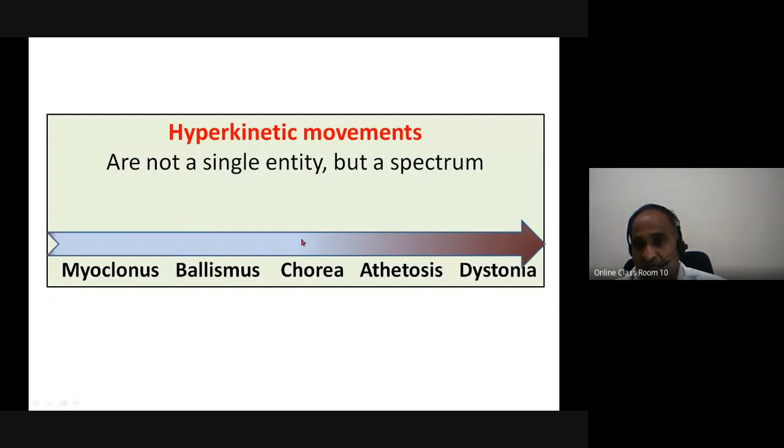Then there will be no pattern and irregular activities all through, that is chorea. Then slow writhing motions set in, that's the next part, athetosis. Then finally a dystonia. Dystonia is a state in which the muscles remain in a contracted state, and it will be difficult. So this is about the hyperkinetic movements.